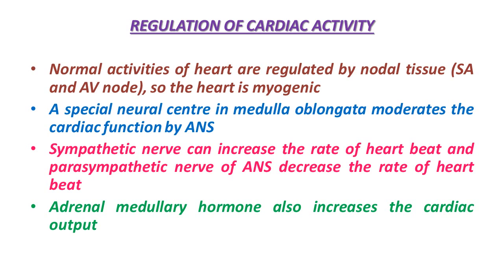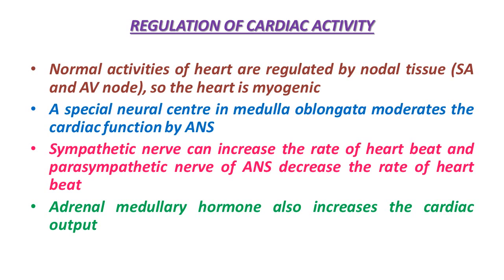On the other hand, parasympathetic neural signals, the other component of ANS, decrease the rate of heartbeat, the speed of conduction of action potential, and thereby the cardiac output. Adrenal medullary hormones can also increase the cardiac output.